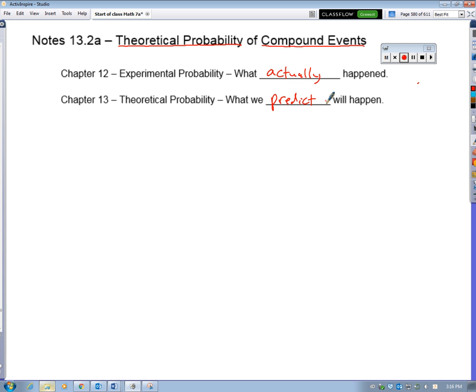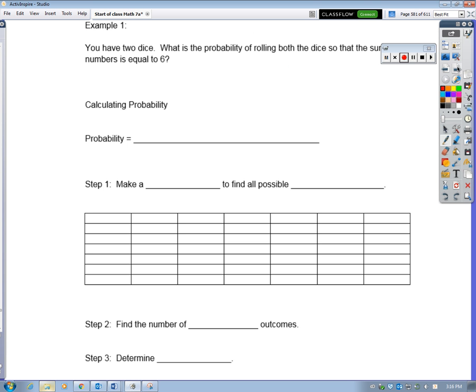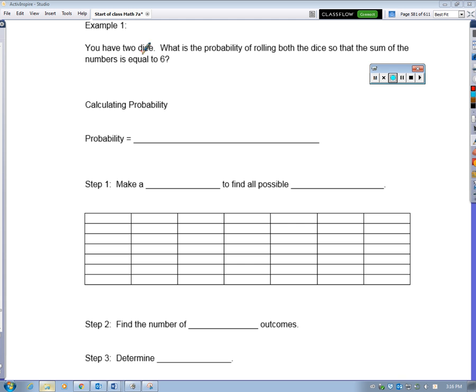So there's some different steps we're going to do. It's still going to be probability, but it's going to be just a little bit different. Let's take a look at what we have here. Here's example 1. The first thing we're going to work out. You have 2 dice. What is the probability of rolling both the dice so that the sum of the numbers is equal to 6?